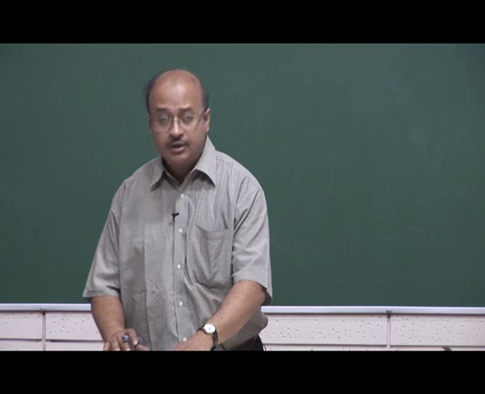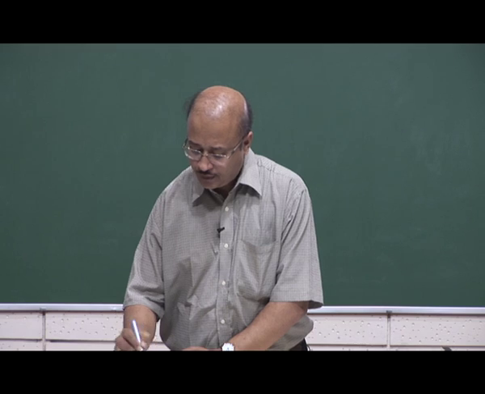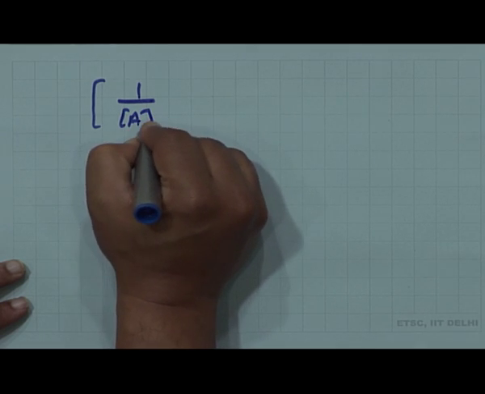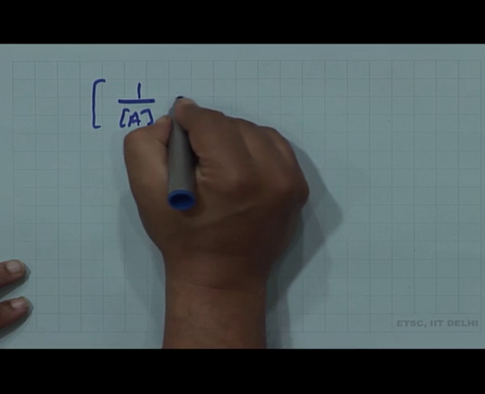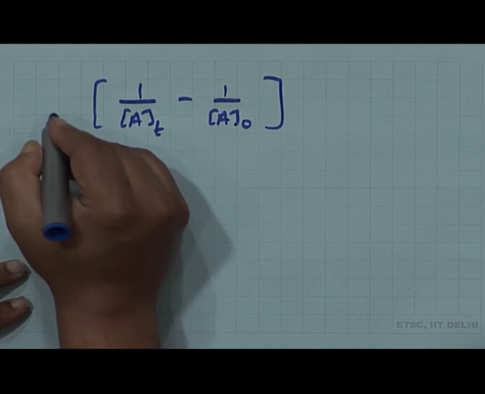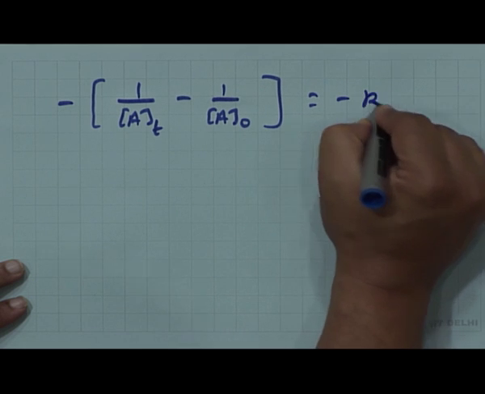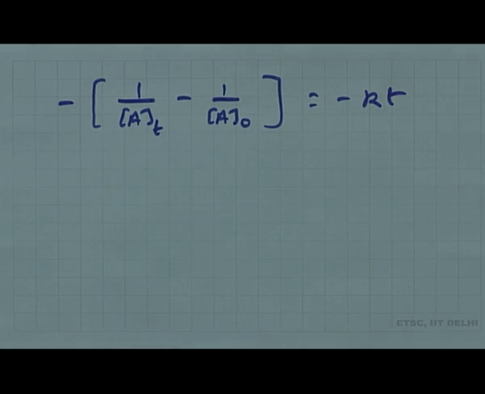So, what you are left with is 1 by A t minus 1 by A naught, with the negative sign, is equal to minus k t, because that is what you are doing. You are doing a standard integral, remember.